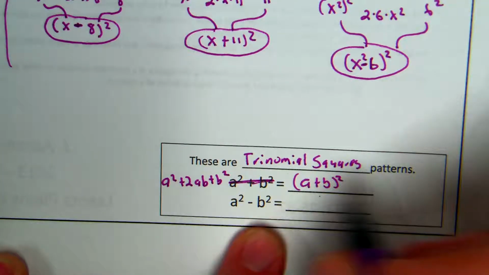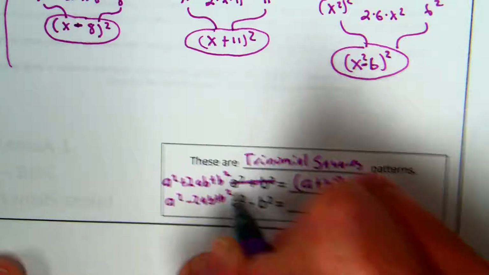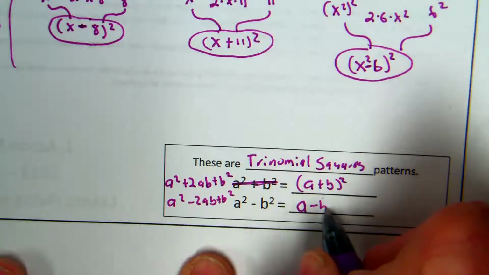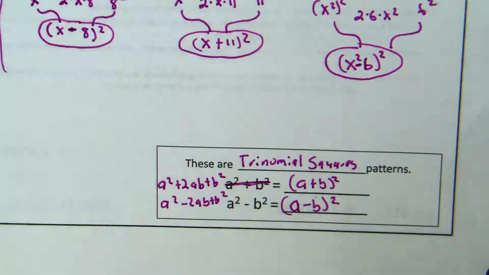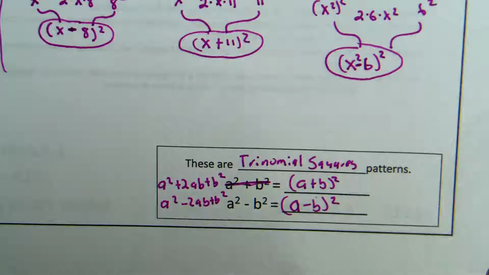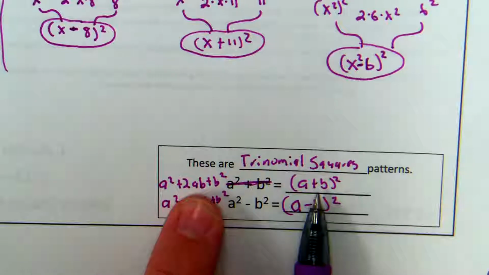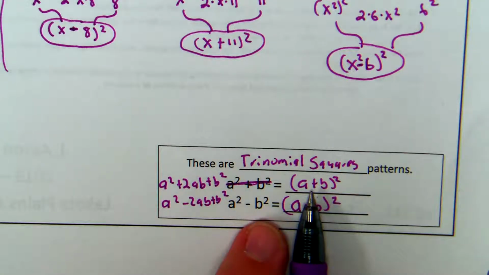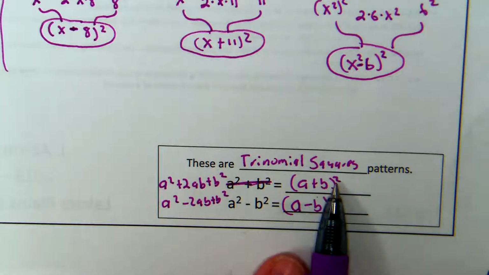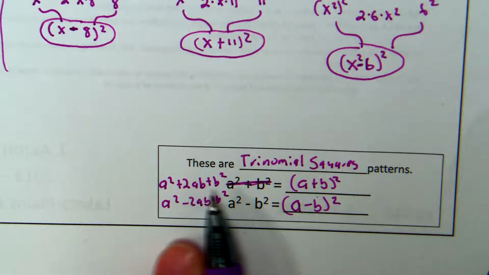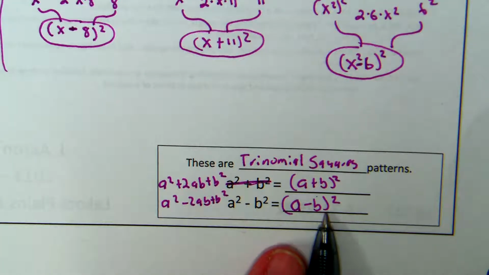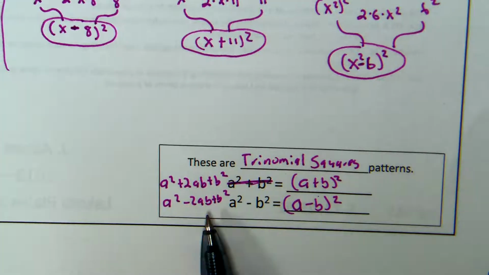And where you have a squared minus 2ab plus b squared is equal to a minus b times itself. Here again, it's just a quick review of trinomial squares, helping us to remember the pattern that's created. Anytime you have a sum times itself, it will always create that pattern. Anytime you have a difference times itself, it will create this pattern.